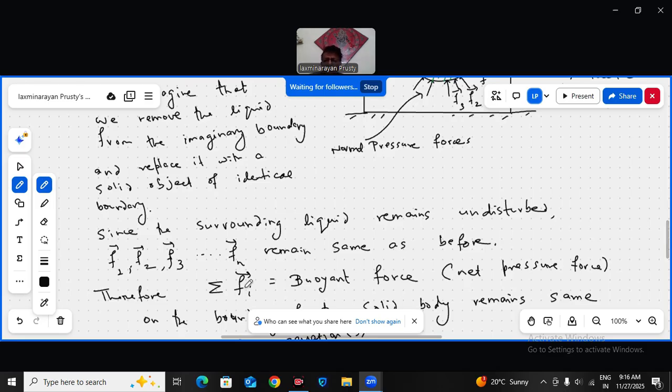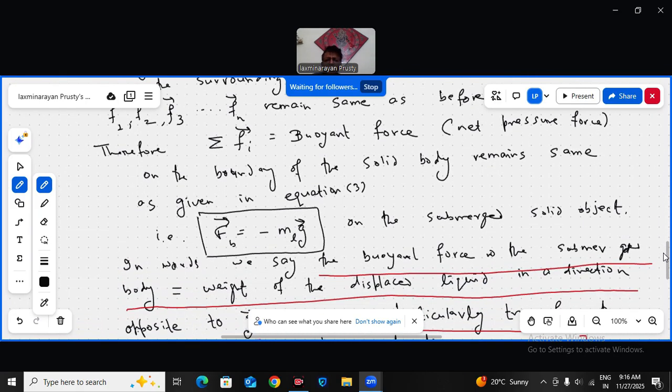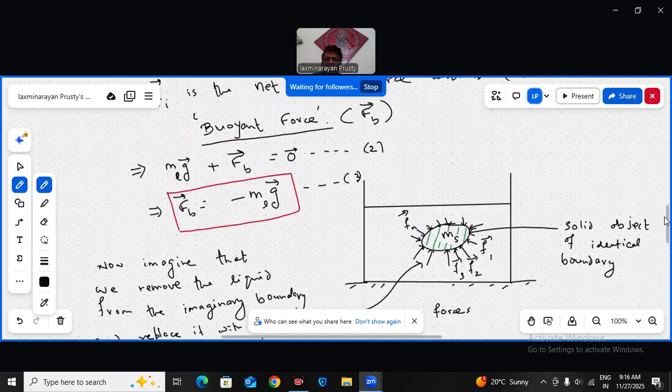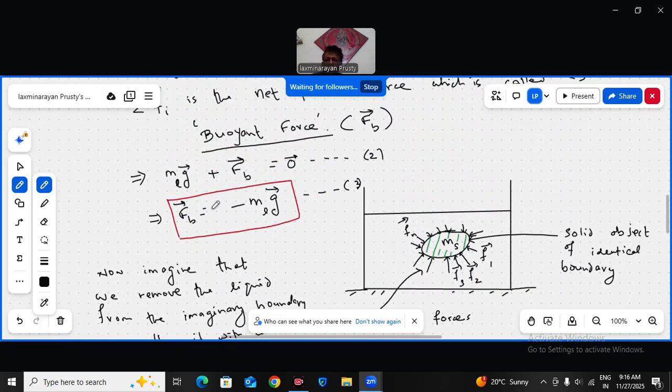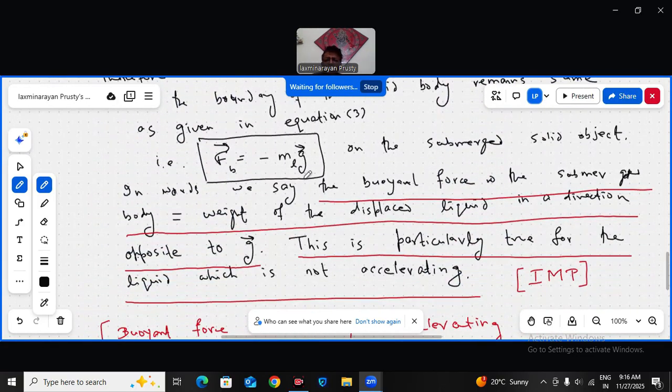Therefore, the sum of this Fi, the net of the pressure force, which is the buoyant force on the boundary of the solid body, remains the same as given in equation 3. This is the buoyant force, and it remains the same here also. How much is that? Minus ml g bar. This is a very important observation.